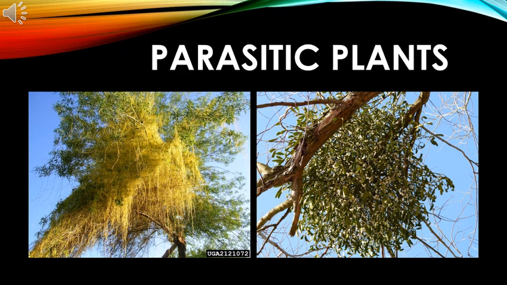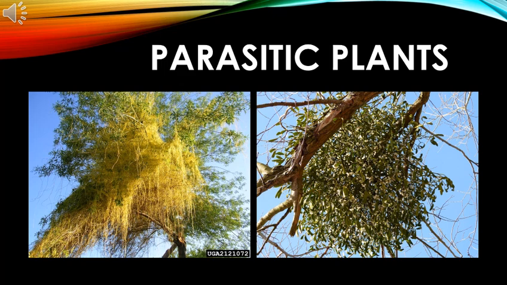Mistletoe is a partial parasite. Why is it partial? Because it can make its food. It has chlorophyll, it is a green plant, but it cannot completely fulfill its requirement of nutrition, so it absorbs from the plant which it has climbed on. You can see some images of these 2 plants on the screen too.